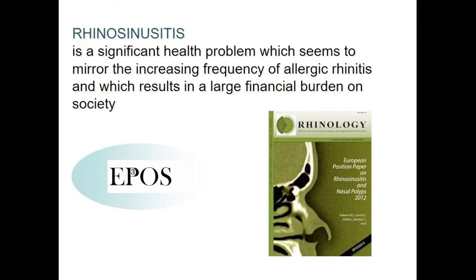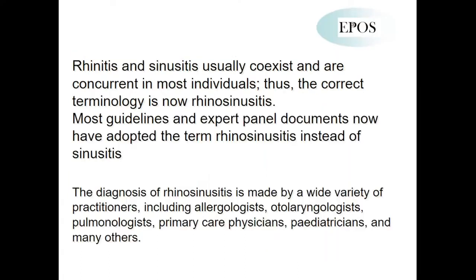So, what is rhinosinusitis? Rhinosinusitis is a significant health problem which seems to mirror the increasing frequency of allergic rhinitis, and which results in a large financial burden on society. Rhinitis and sinusitis usually coexist and are concurrent in most adults. Thus, the correct terminology now is rhinosinusitis.